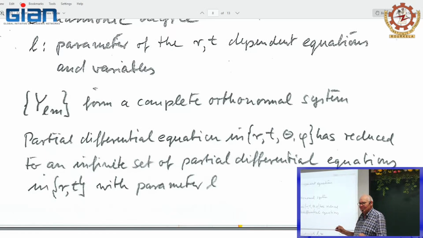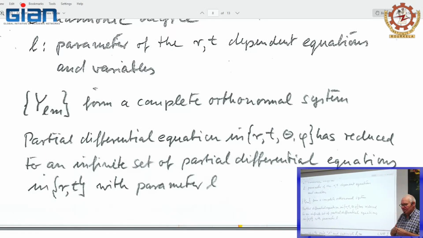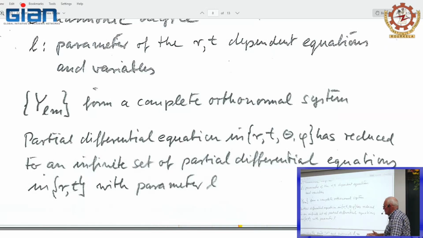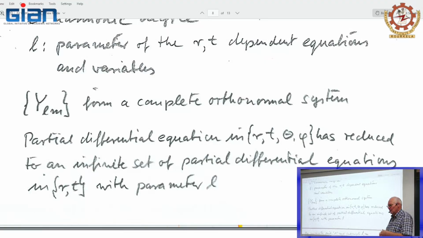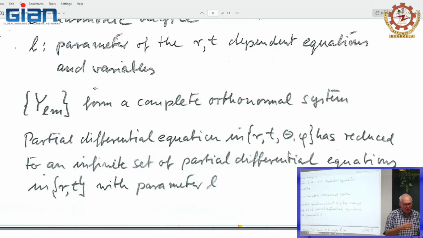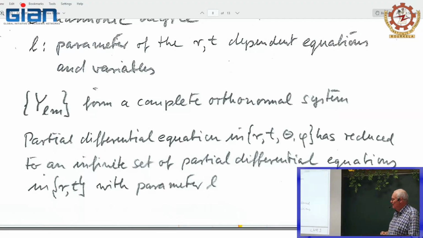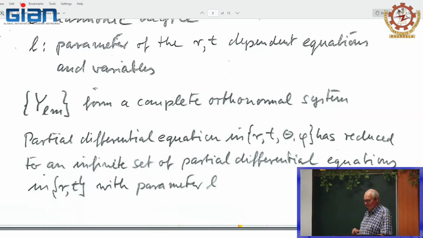All these equations are separate and independent, because the Y_lm are not mixed through the operator L squared, and because they are linearly independent, so we can simply separate each coefficient of Y_lm occurring in the infinite sum over the spherical harmonics.